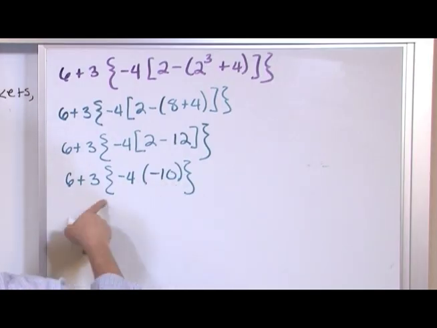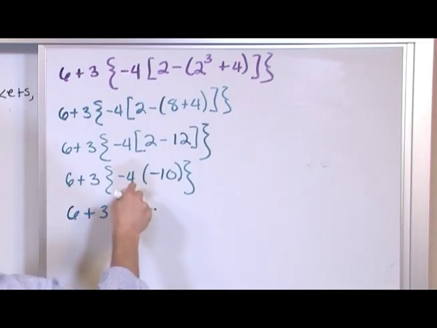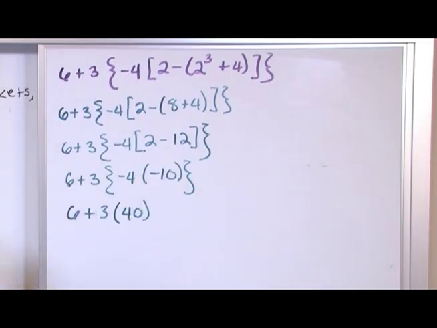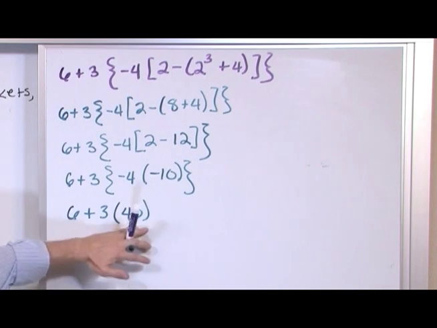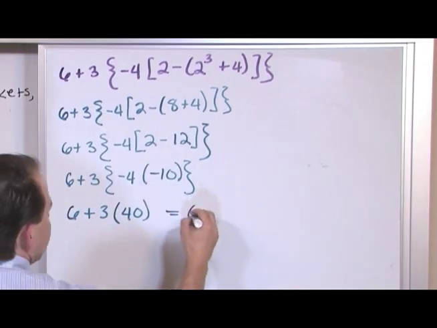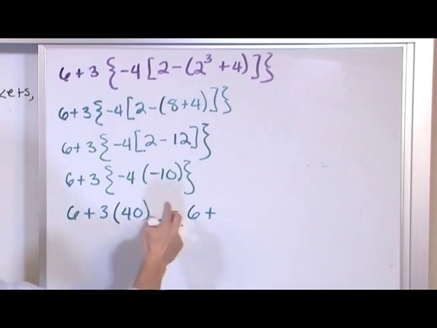That's what I need to do next because that's inside of these curly braces. 6 plus 3, and then when I have -4 times -10, you're going to get +40. And this is multiplied together. I just, again, put it in parentheses just to keep it separate. You could drop them in that case if you wanted to and put a multiplication symbol. You have addition and multiplication. Of course, you're going to do the multiplication first. So you have 6 plus 3 times 40 is 120.